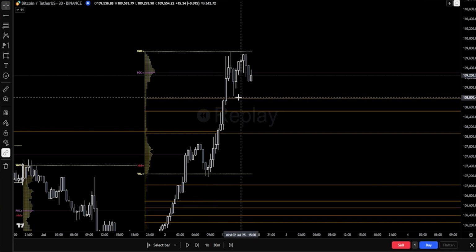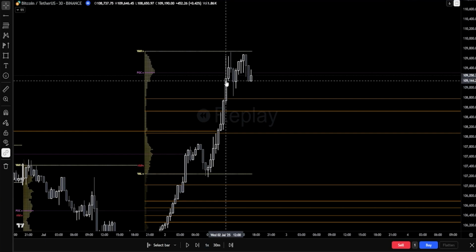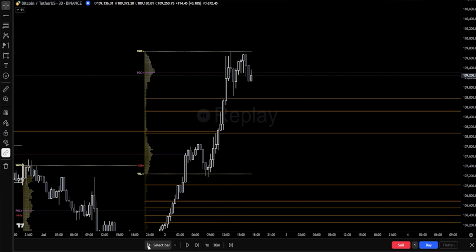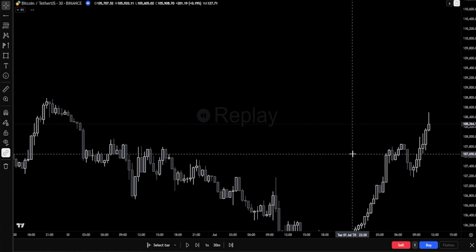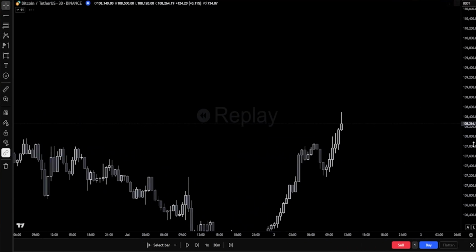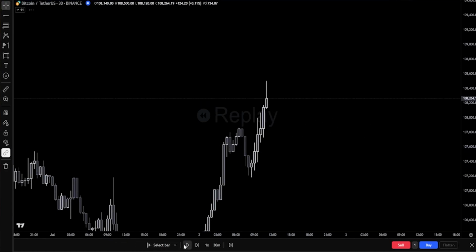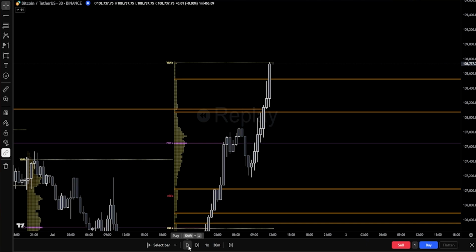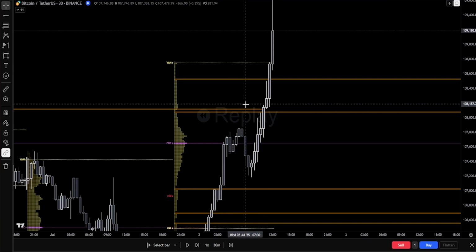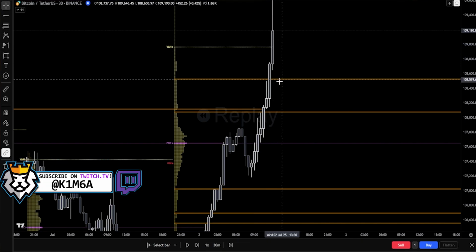So we got a single print right here, right below that wick. That formed in this session. This actually was a single print as it formed. And we'll zoom in a little more. Okay, generate. As soon as this candle closes, there's going to be a single print up there also.